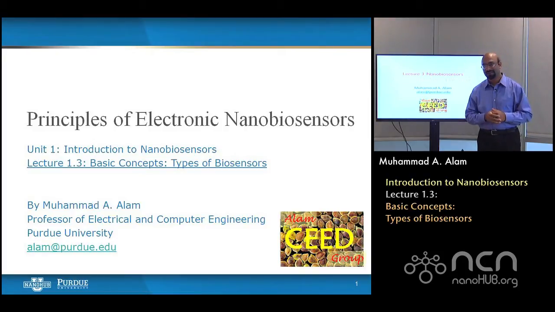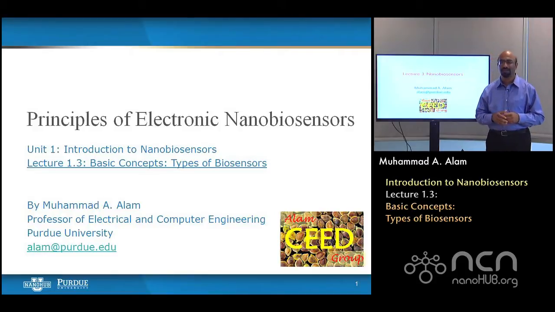In the last lecture, we talked about various types of biomolecules, and we focused on three types. One was small molecules like glucose or nitric oxide that are indicators of a variety of diseases, including diabetes and Parkinson's disease, respectively.